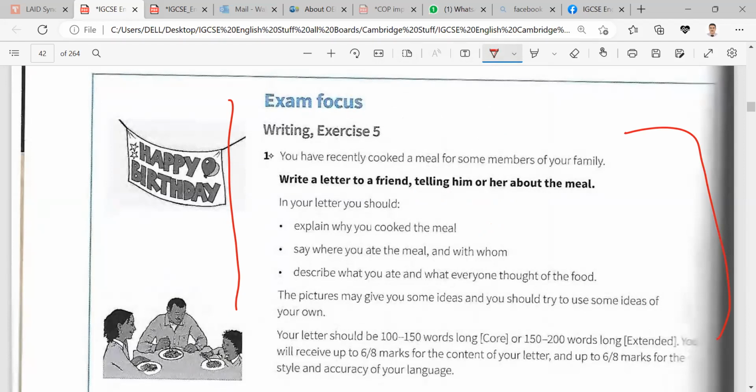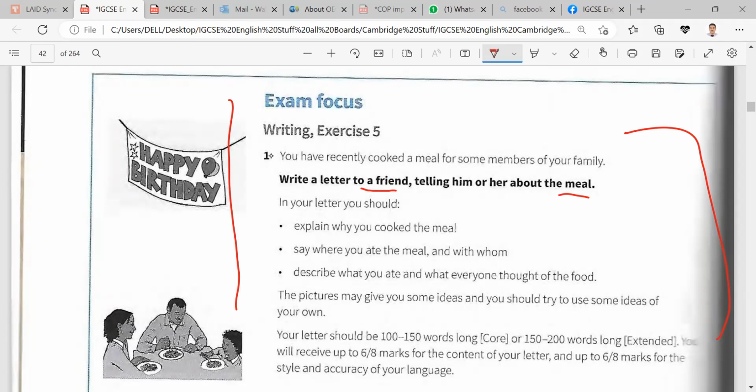You have recently cooked a meal for some members of your family. Write a letter to a friend telling him or her about the meal. So telling your friend means you should write an informal letter. But if you were asked to write a letter to your teacher, for example, or to your school magazine, in this way you should write a formal letter.